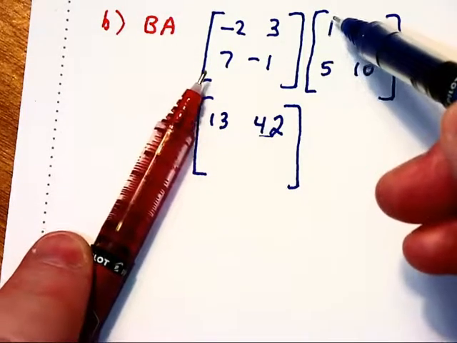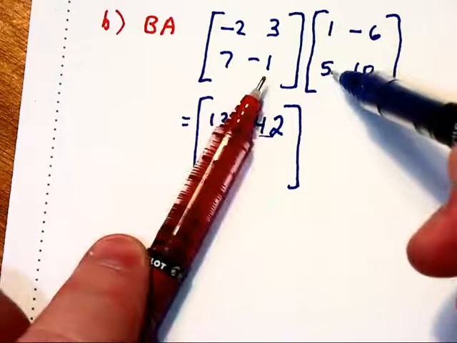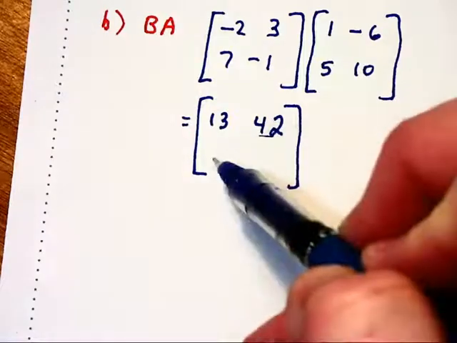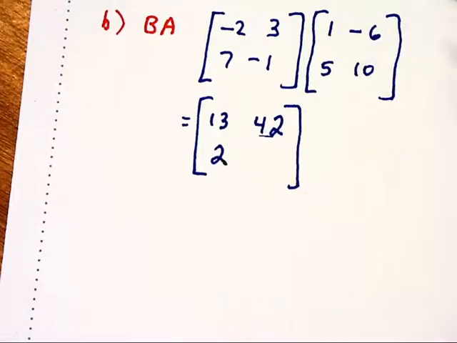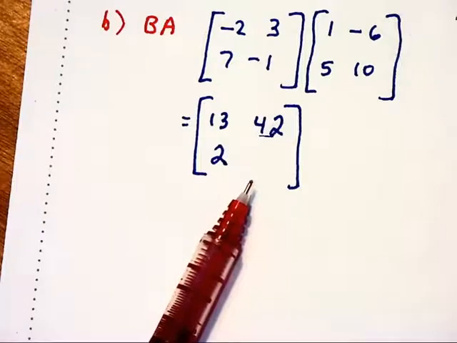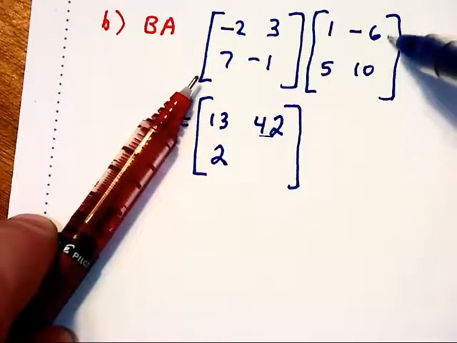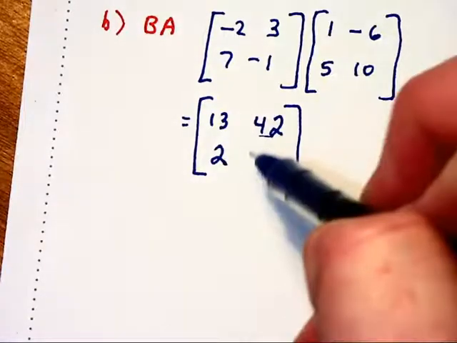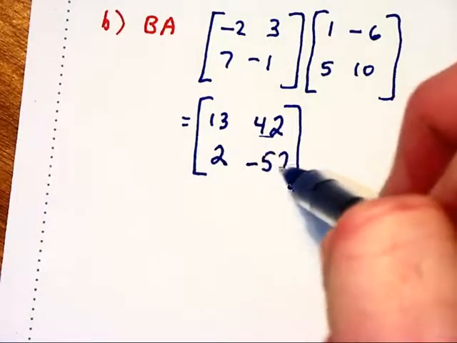So product, 7 times 1 is 7. Negative 1 times 5 is negative 5. 7 minus 5 makes 2. And finally, row 2, column 2 is the name of this position. So row 2 and column 2, that would be negative 42 and minus 10, making minus 52.